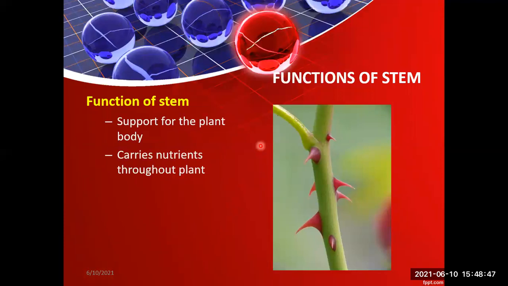Functions of the stem. The second main structure of the plant body is the stem, which supports the plant body and carries nutrients throughout the plant. This is the main structure through which the root and shoot systems are united or linked.